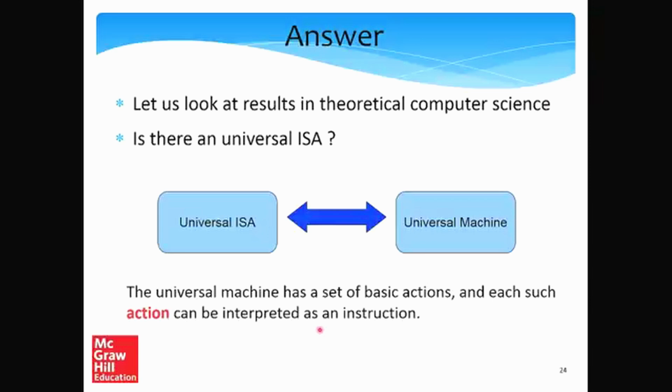Because after all, an instruction is an action. When you are asking the processor to add two numbers, we are asking it to do an action. So the fact that I'm asking the processor to do something, that is an instruction, and the fact that the processor is doing it is an action. So every instruction is correlated with every action. So in that sense, a universal ISA and a universal machine pretty much mean the same thing.